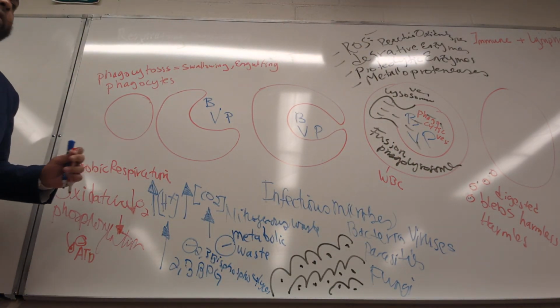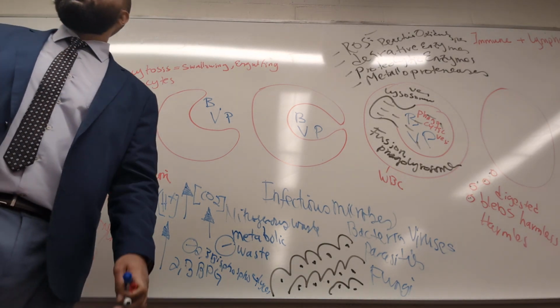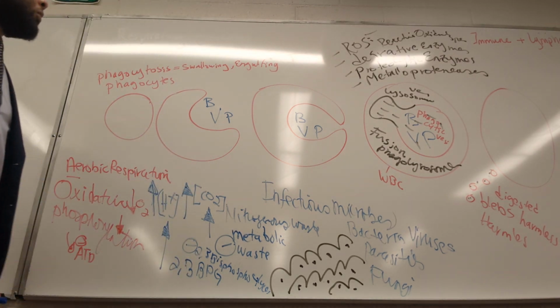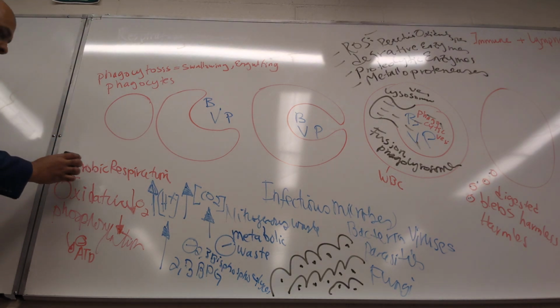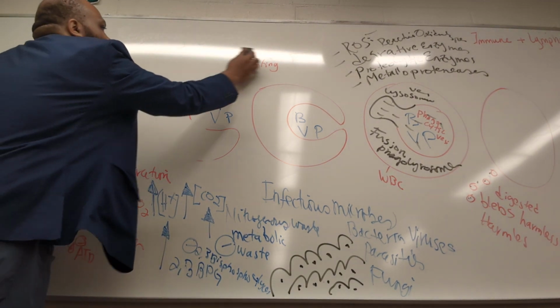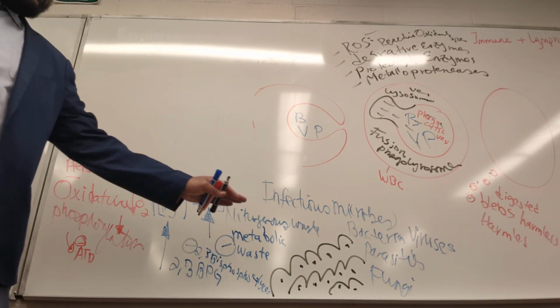Now, in order for this to happen, your immune system must have a way of getting to the right destination. So this tissue that I have, we have different types of stress that the cell can undergo.